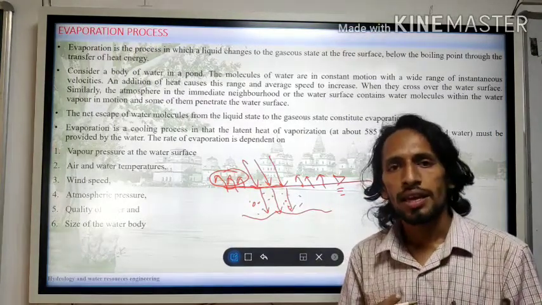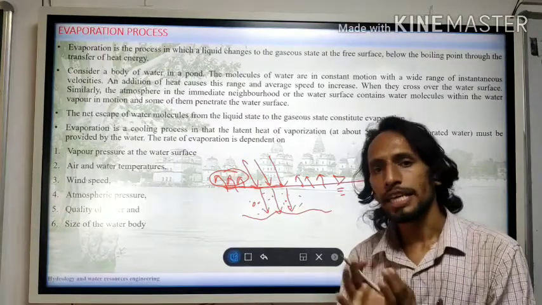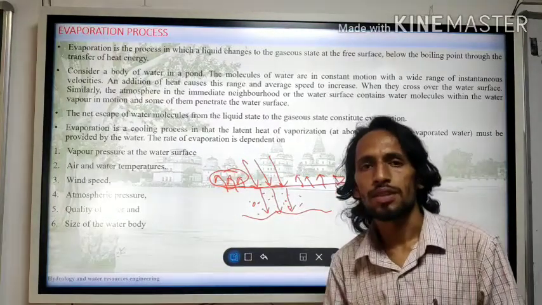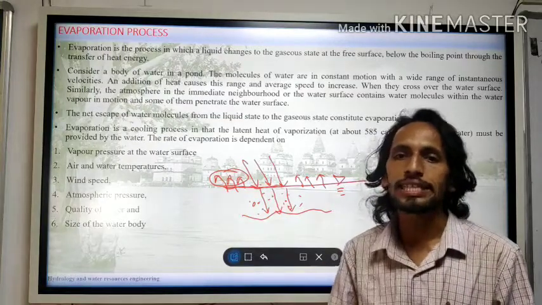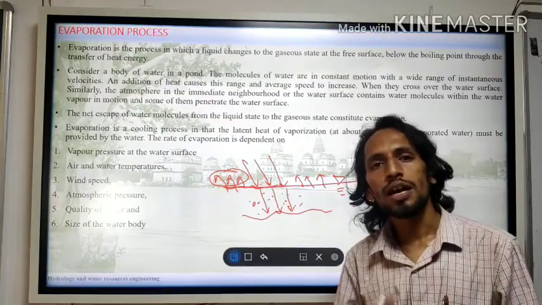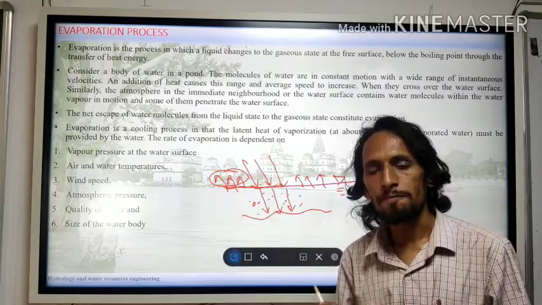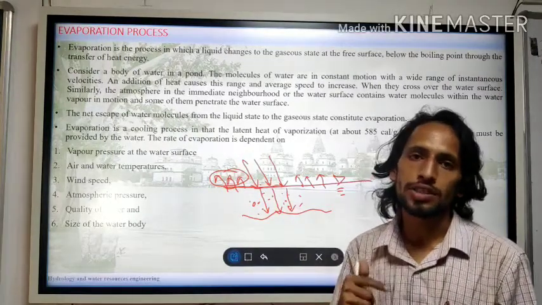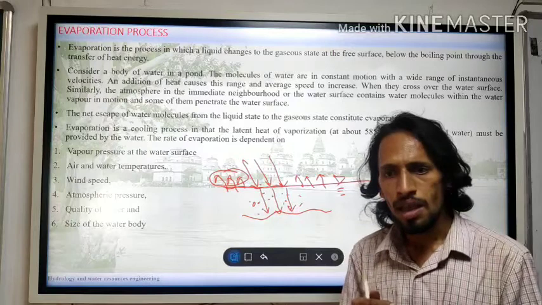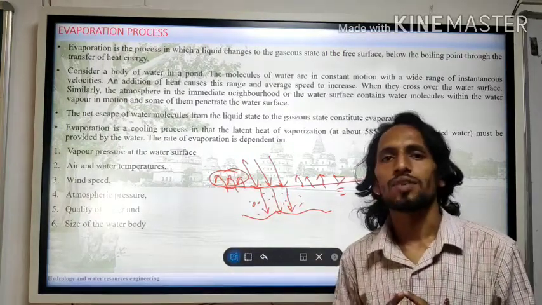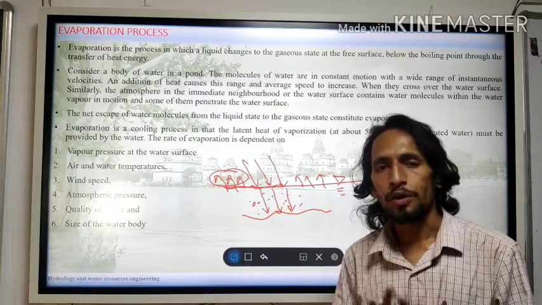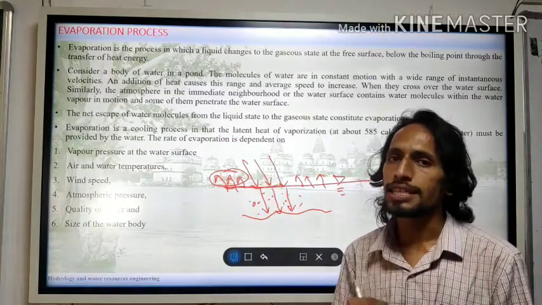Evaporation and boiling have a huge difference, because in boiling you have to heat your water up to the boiling point, then only water converts into vapor, and you have to boil all the water. But in evaporation this is not the same.